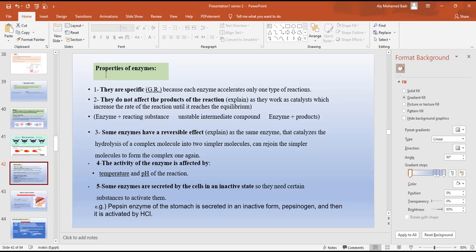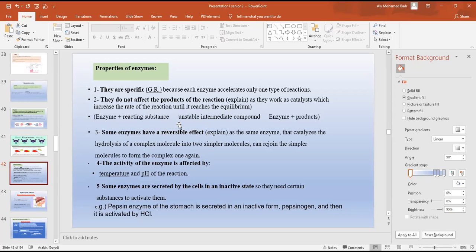Enzymes are also very specific, because each enzyme accelerates only one type of reaction. They do not affect the products or the reactants, as they work as catalysts, only increasing the rate of the reaction until it reaches equilibrium. Some enzymes have a reversible effect.